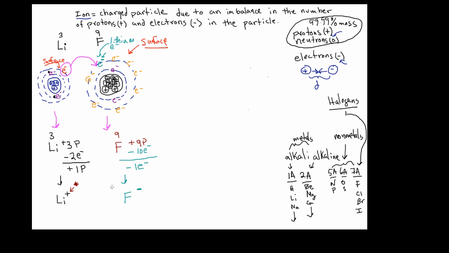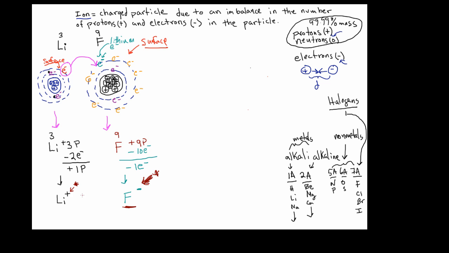So now you see the unique situation here is that we have produced 2 atoms that have an imbalance of electrons versus protons. In the case of the fluorine, it has an extra electron. In the case of the lithium, it has lost an electron, so it now has within its structure an additional proton.